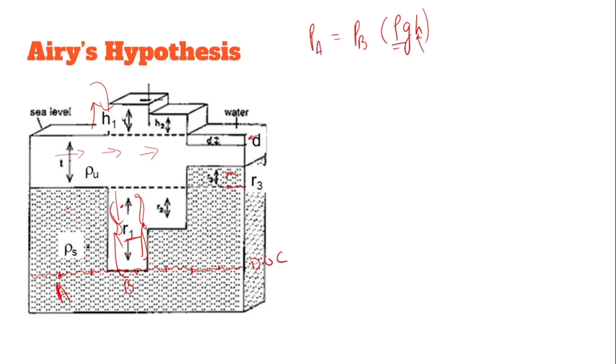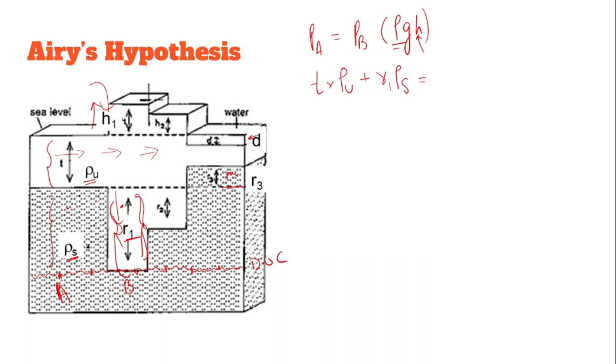Now in this case, at point A I have a thickness T of crust having density rho u, so I will write it as T multiplied by rho u. I'm not writing g because it is a constant, it will get cancelled out on both sides, plus I will have this R1 thickness of mantle density, that is rho s. So I can write it as R1 into rho s.